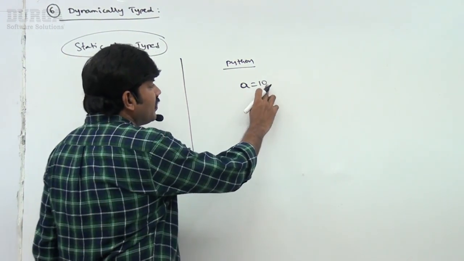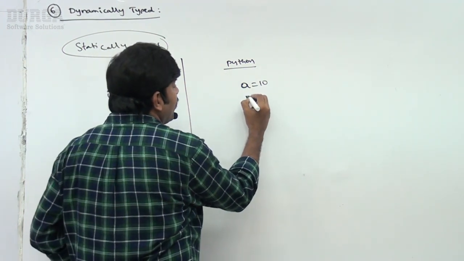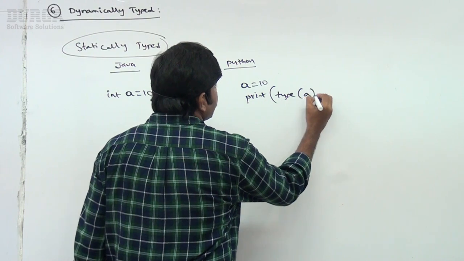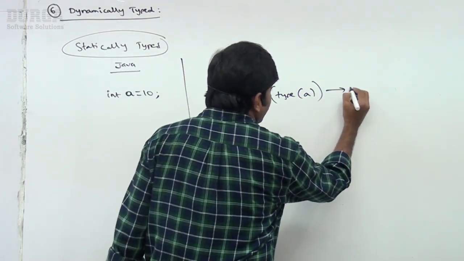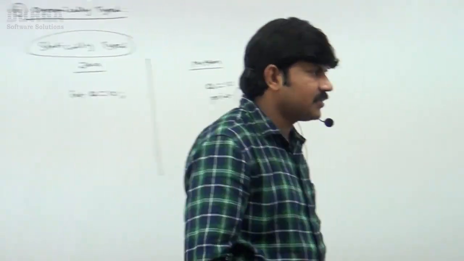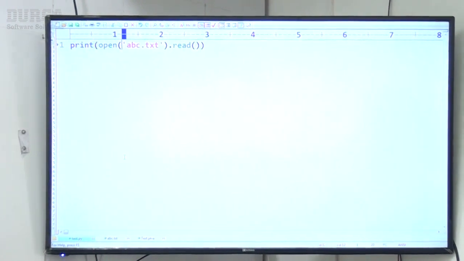Sir, what is the type of a? Can you please print the type of a? Print type of a, simple. It is going to tell int type. Have a look once. I'm taking a is equal to 10 in Python.